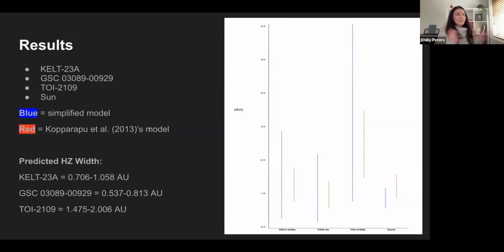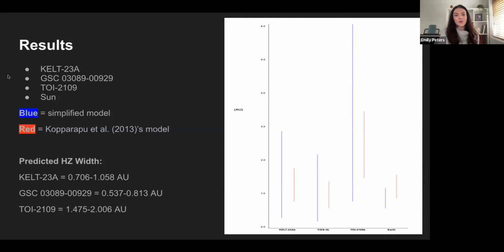The reason for the enormous range in results is, again, just the reasons that I've just mentioned, that I used a range for the albedo and the optical depths of the 3 targets, which were Kepler-23AB, TrES-3b, and TOI-2109b, not knowing exactly what the values were.